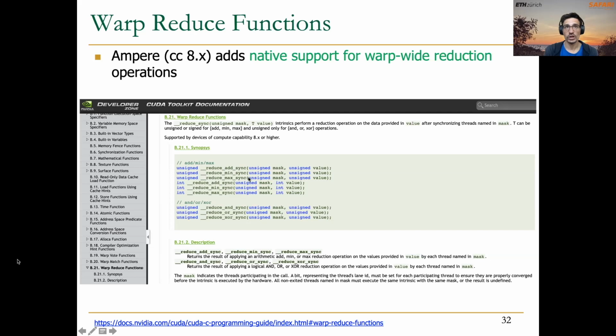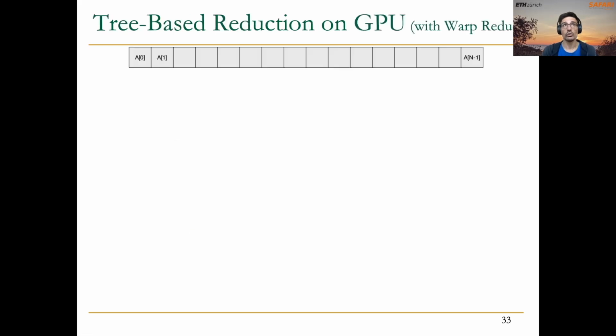You have to observe here that these reduction functions only work for integer values as of today, unsigned int and int. But let's take a look at how we could use the warp reduce functions in the tree-based reduction.